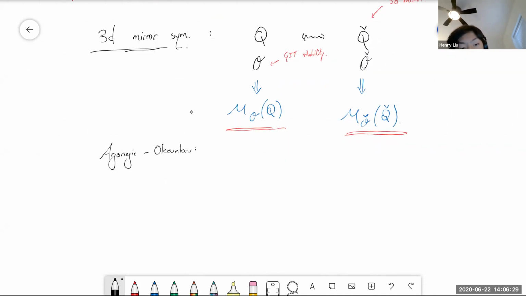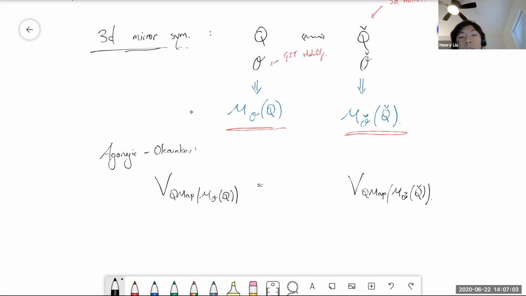And the statement is essentially something like, well, there's many statements, but the one that's relevant for us is that if you try to write down the quasi map vertex for the Nakajima quiver variety on one side, there's a relationship between it and the Nakajima quiver variety on the mirror side. And the relationship will depend on one extra piece of data.